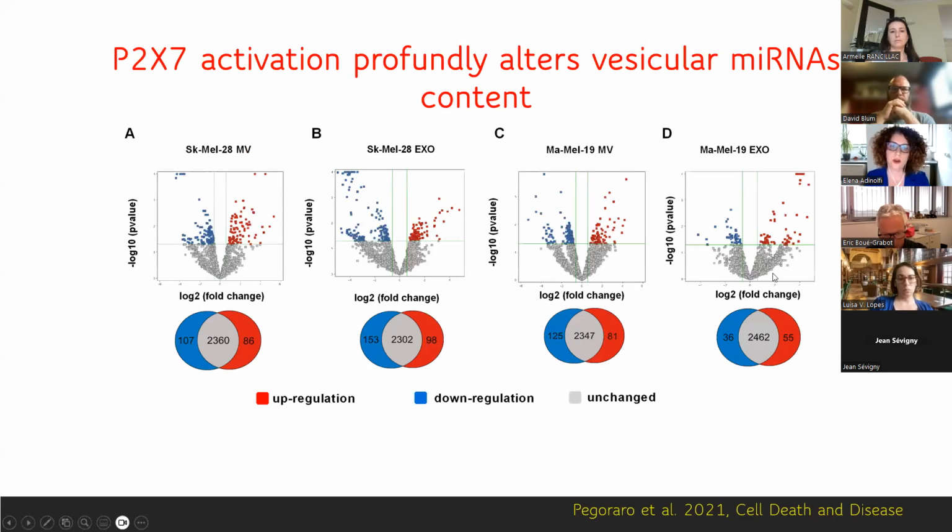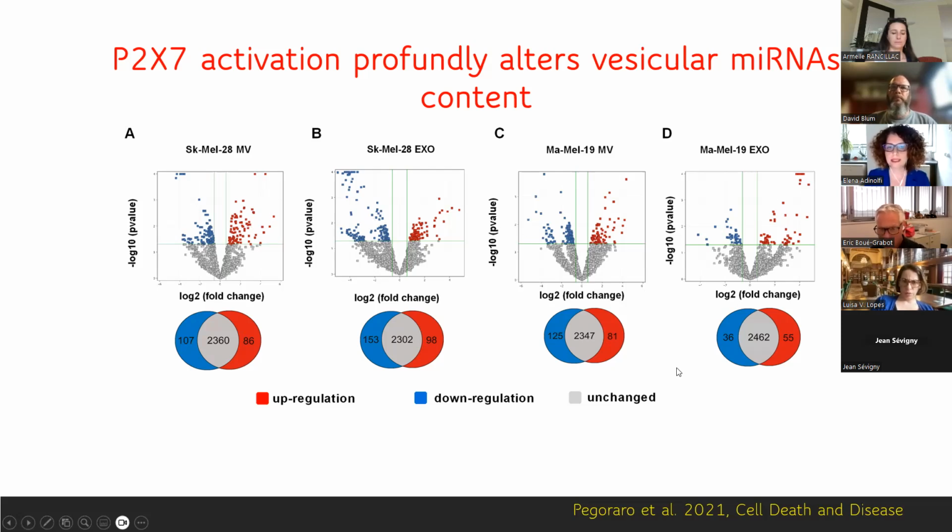This volcano plot shows the analysis for all the vesicular fractions analyzed and all the cell types. As you can see, there were many microRNAs which were upregulated, here in red, or also in this scheme, following P2X7 stimulation, and some which were also down-modulated.